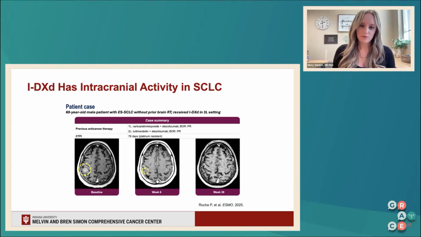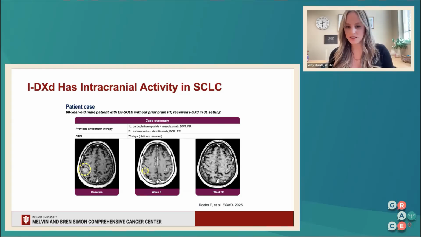And this patient had platinum resistant relapse. This can sometimes be a more aggressive type of small cell lung cancer. But regardless of that, this patient had a brain metastasis that shrunk due to treatment and stayed really undetectable in the third line setting of receiving this agent. Again, really unprecedented and so exciting for our patients and their families.